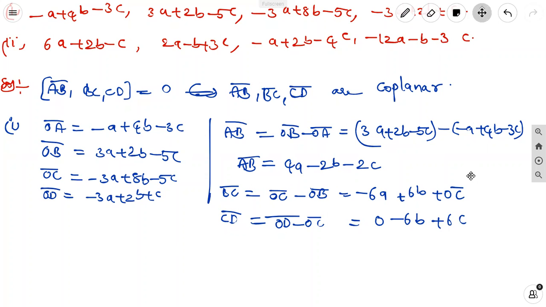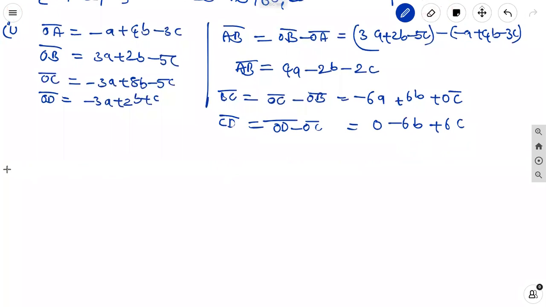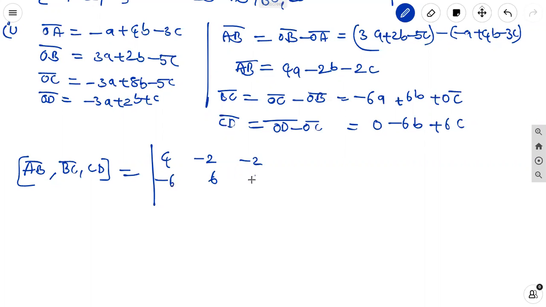Now we can find the relation of the volume, that is AB, BC, CD, which we can write as the determinant of the matrix of the coefficients of a, b, c: 4, minus 2, minus 2, minus 6, 6, 0, 0, minus 6, plus 6, into abc.